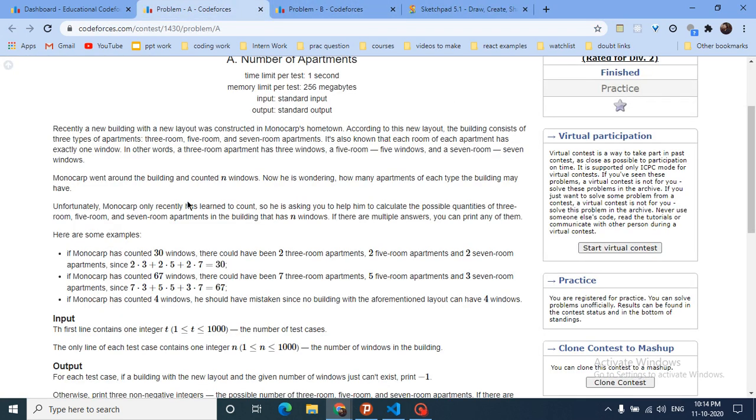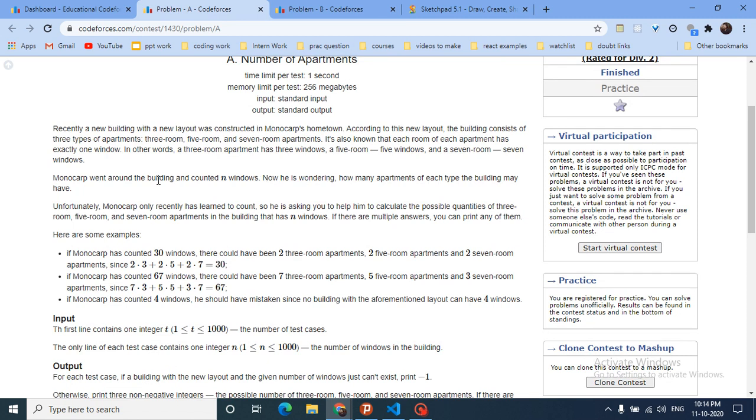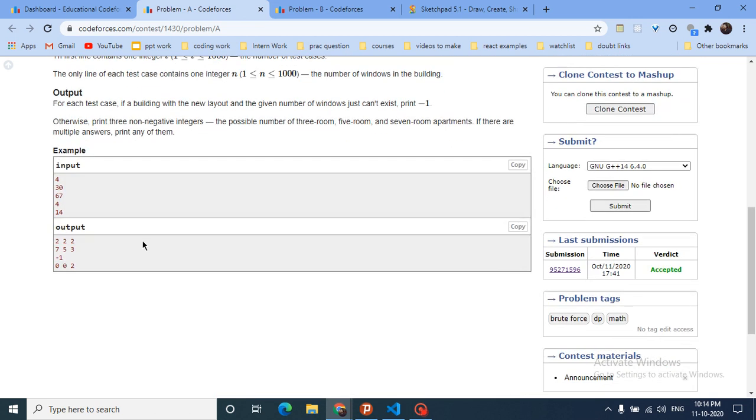Now your question is, you are given that Monocarp has counted n windows in the building. He has counted n windows in total, and you have to output a proper configuration of how many apartments of each type Monocarp has seen.